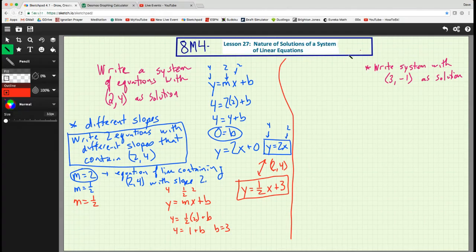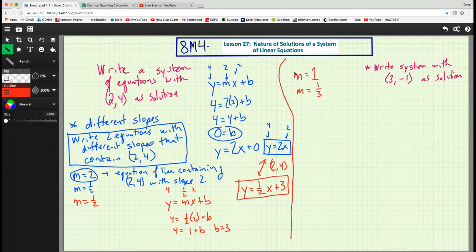So let's do this same thing, writing a system of equations. 3 comma -1 is a solution. Use this same method. Come up with 2 slopes, and I'll give you a hint. I'll give you the slopes to use: let's use a slope of 1, and we'll use another one with a slope of 1/3.